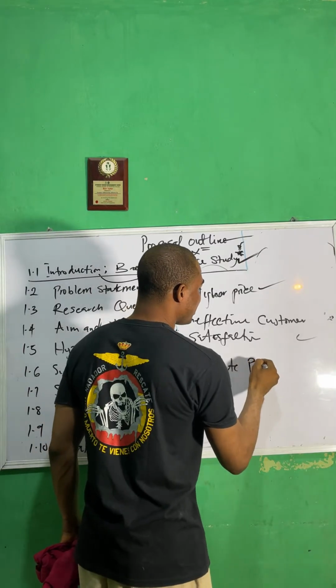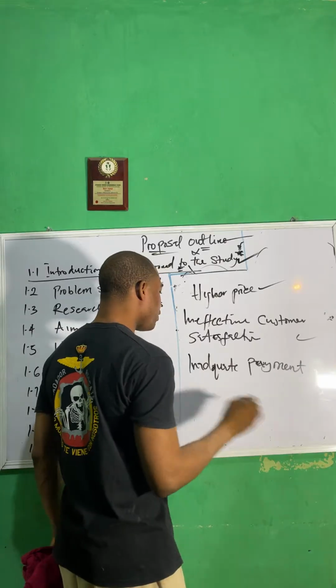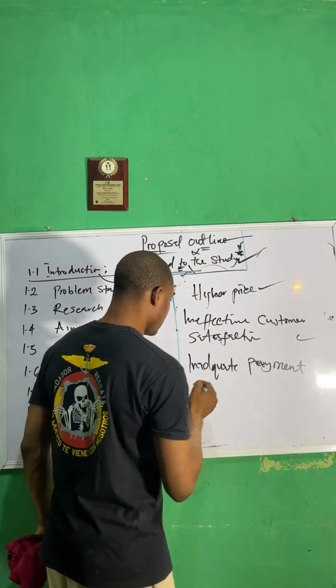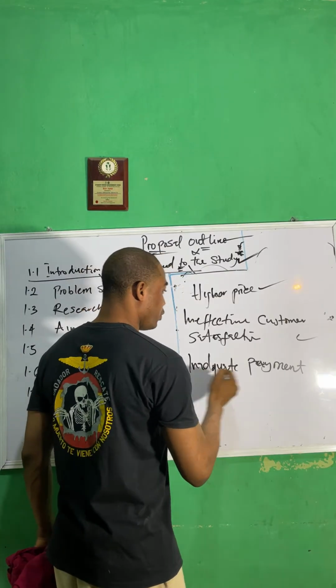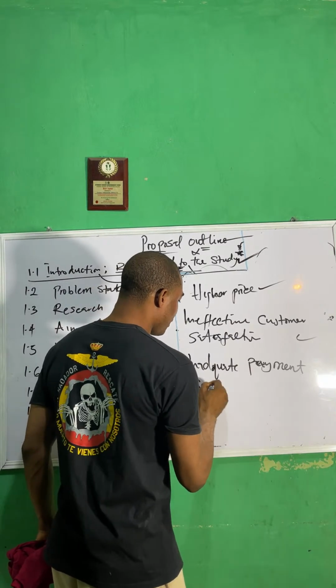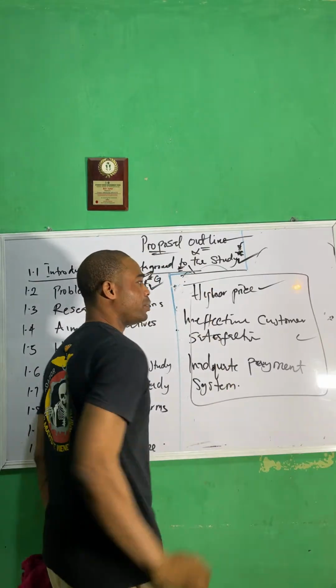Inadequate payment system: probably when they are making payment through an e-commerce platform, their payment failed and they don't refund them. You will not go back and patronize that e-commerce platform again. So if you have your payment fail and they fail to refund you, that is an inadequate payment system. All these things are problems that you need to explain under the statement of the problem.